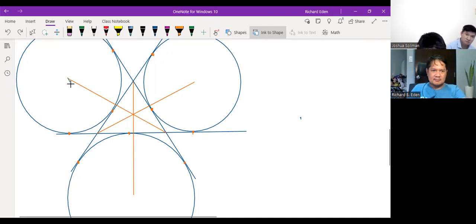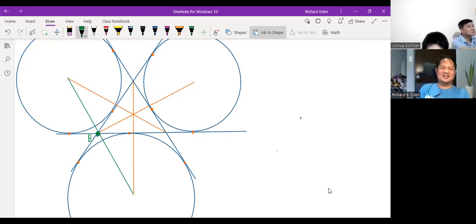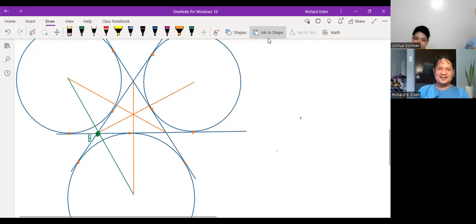With the crosshair. So this should be, that's B. I'll just enlarge it there. Okay. The figure like that, no? Yes, it's like Monge's theorem.